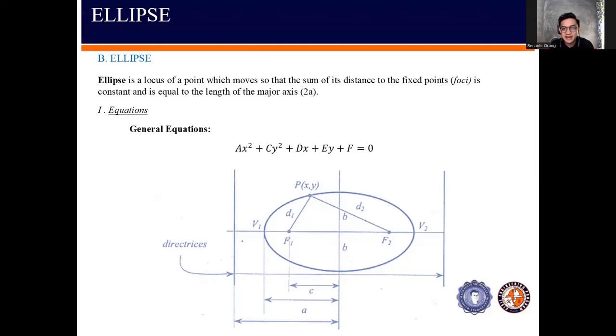So it is still the same as our parabola. We have our directrix, or directrices when there are two. Then our c is the distance from the center of our ellipse to our focus. Then A is from our center to our major axis, and B is for our minor axis.